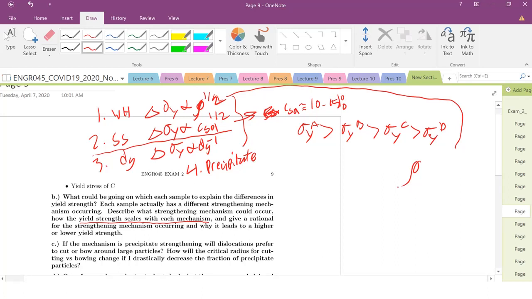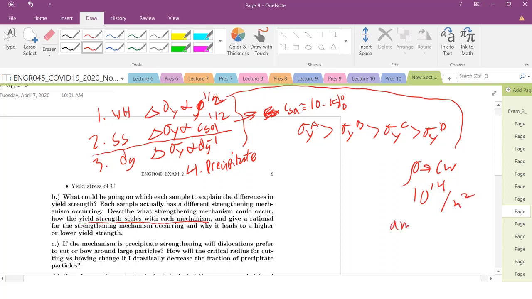So let's take a peek at that right now. We know that our yield strength can vary quite dramatically. For a highly cold worked material, the dislocation density could be as high as 10 to the 14th dislocations per meter squared.